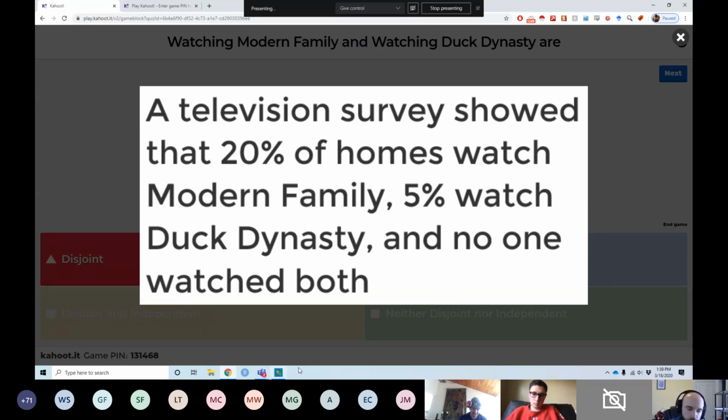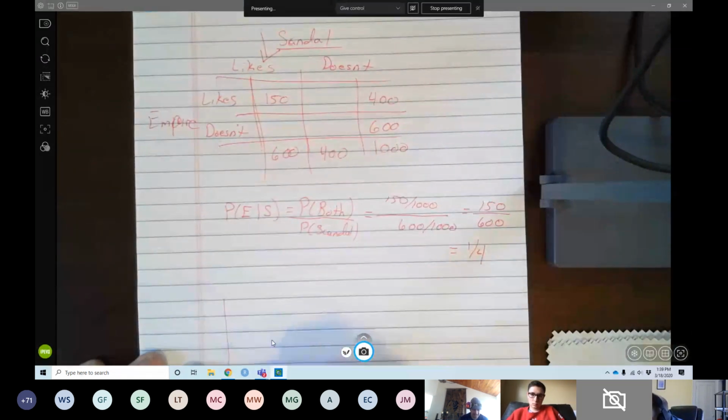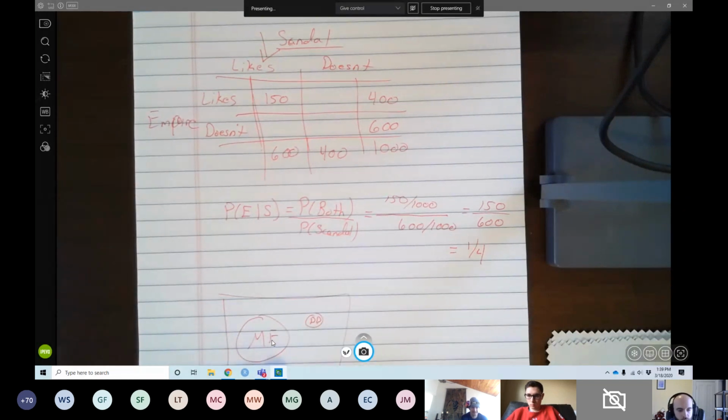If you think of it as a Venn diagram, we have the people who watch Modern Family, and since nobody who watches Modern Family also watches Duck Dynasty, the two circles don't overlap. Since they don't overlap, they're not joined together, so we refer to them as disjoint.